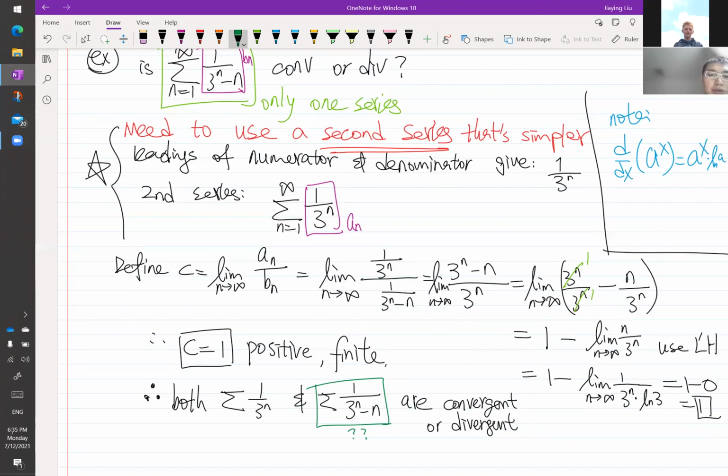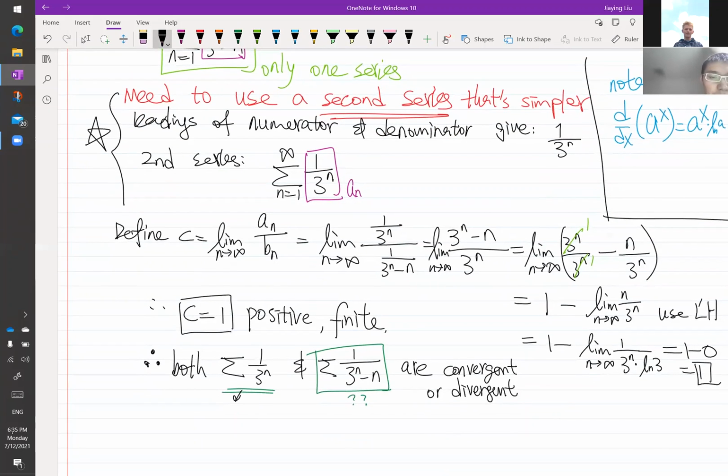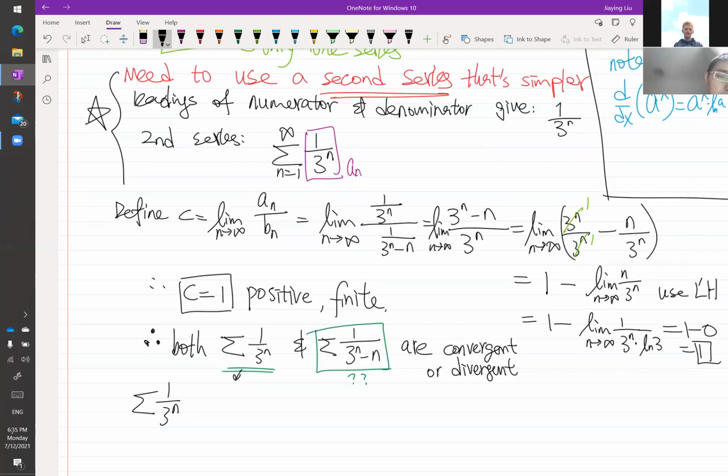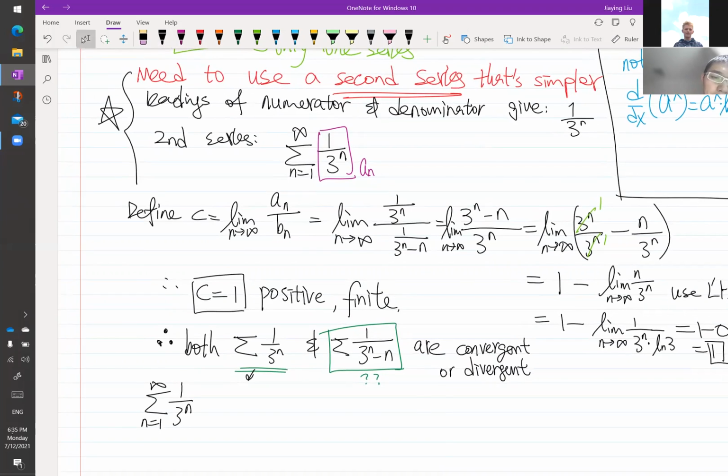So what we're going to do is use the new one from earlier to determine if this one is convergent or divergent, because this one is simpler. If you recall, 1 over 3 to the n, as n goes from 1 to infinity, I believe this series is convergent.